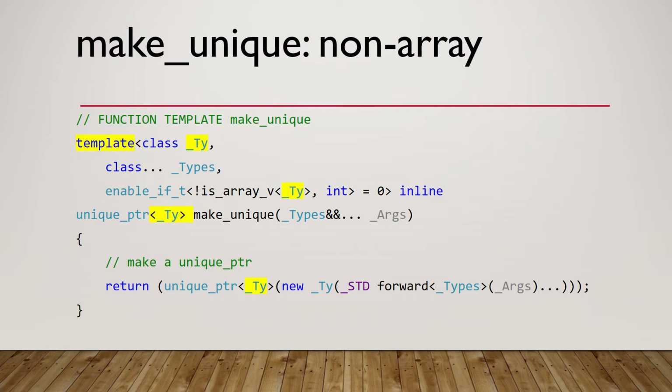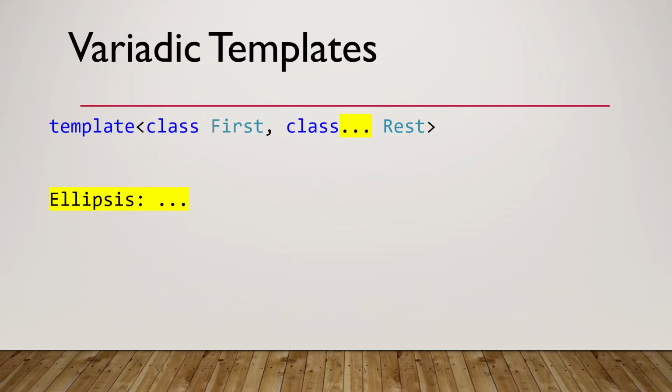They fit the standard template pattern. But what are those ellipses, 3 dots, and ampersand ellipses? Do they mean anything? Yes, they are part of Variadic Templates that are supported since the C++11 standard.